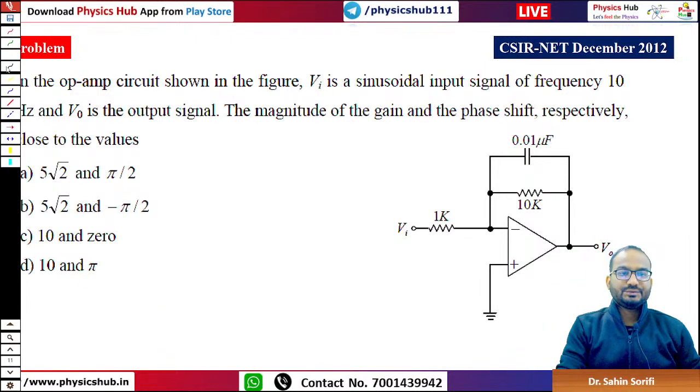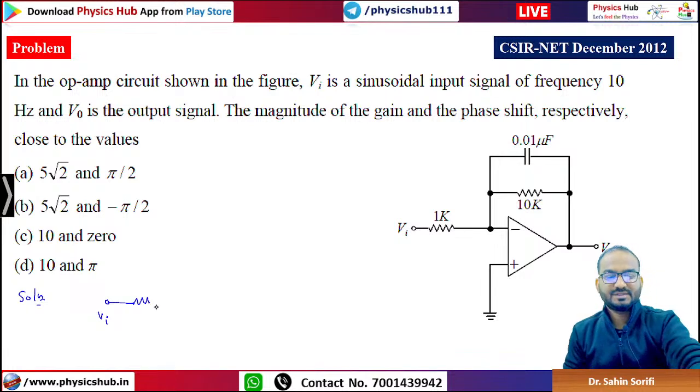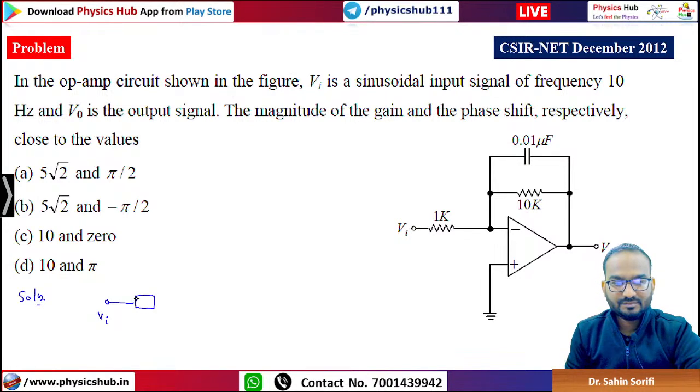Look, what did I tell you? We need to consider a circuit like this. Vi, instead of this resistor, let's say we have some impedance Z1.